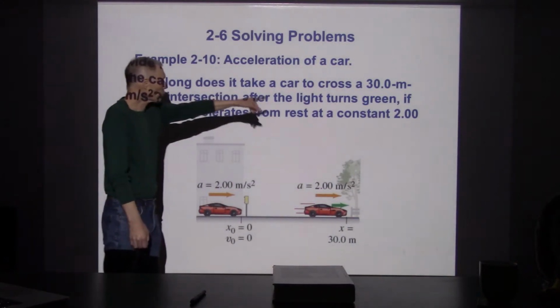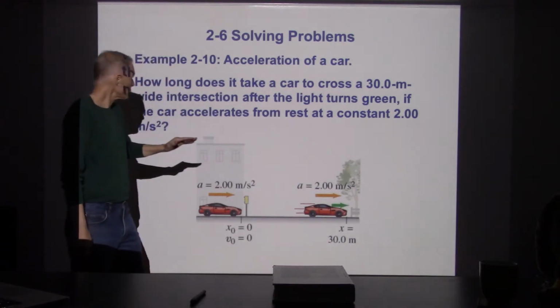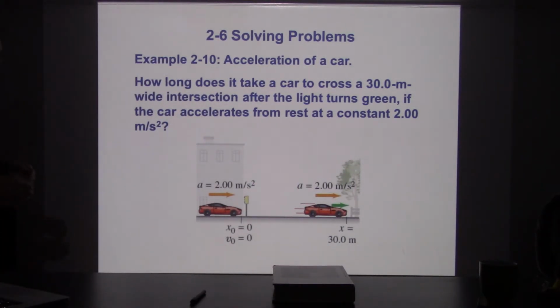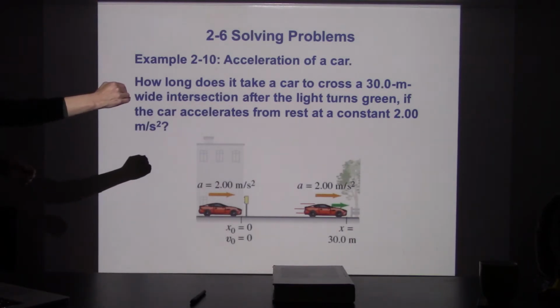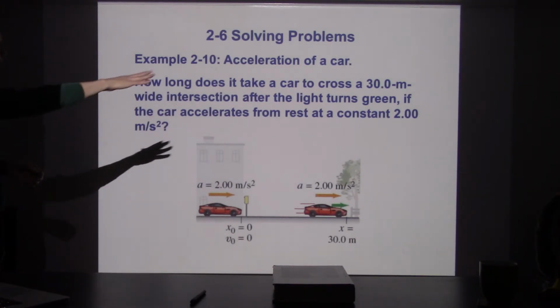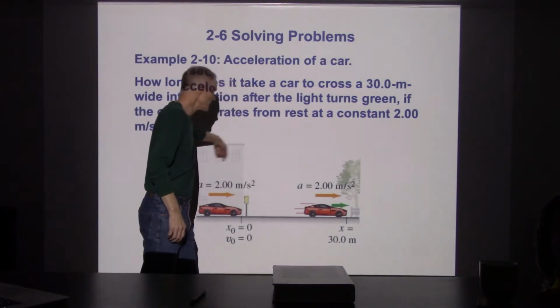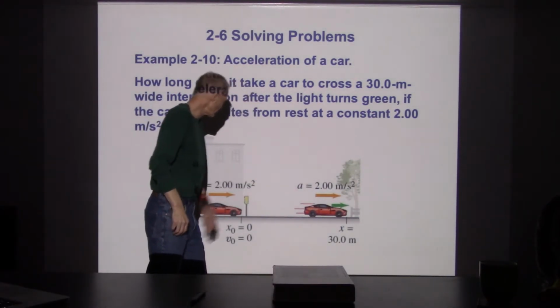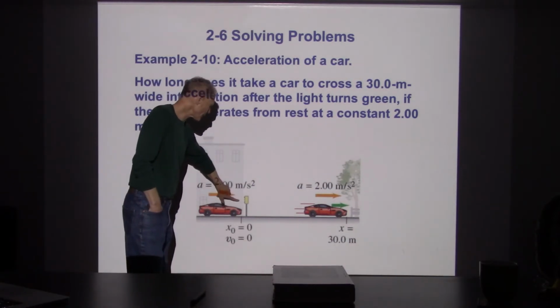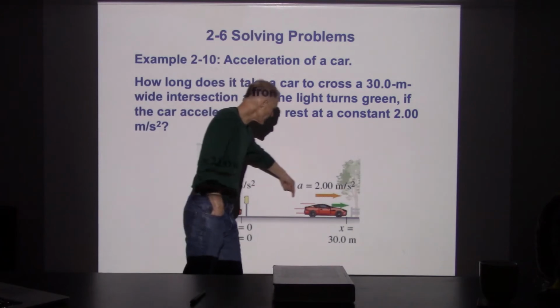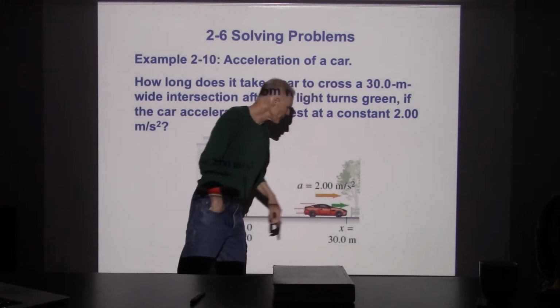Yes. So we're told that the car starts from rest. They're at a red light. Light turns green. And the car begins to pick up speed and goes across the intersection. So this, I guess between the building and the tree, this is an intersection. Car was stopped at a red light. Light turns green, they pick up speed, and they travel 30 meters.